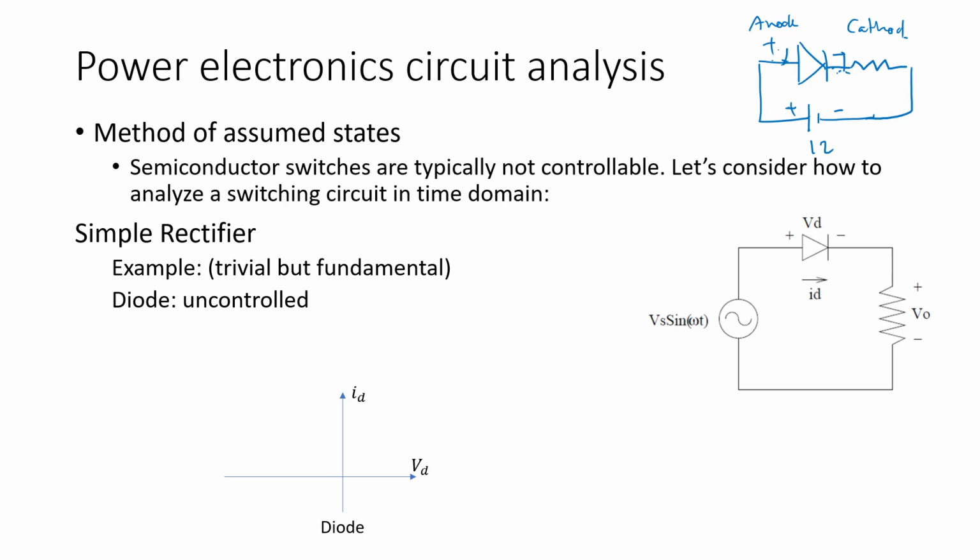How about current? Can it sustain positive current? Sustaining positive current means it can allow current to flow in the positive direction. So in this case, current can flow in the positive direction. I think maybe you got confused by my question.